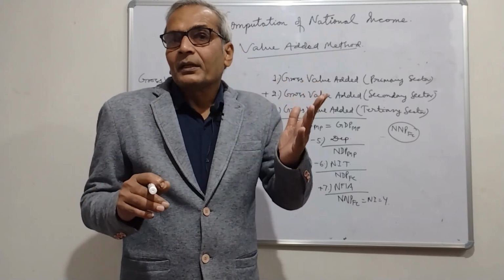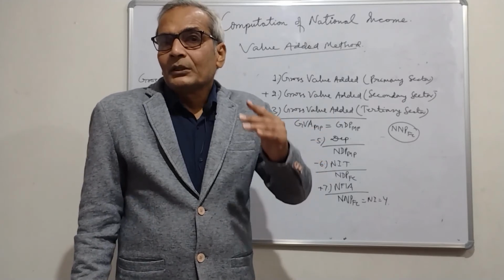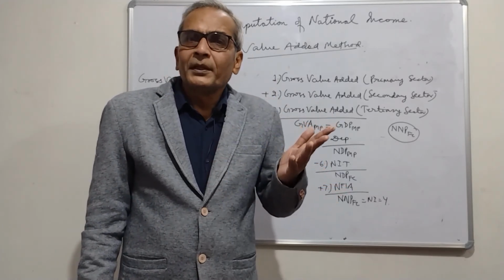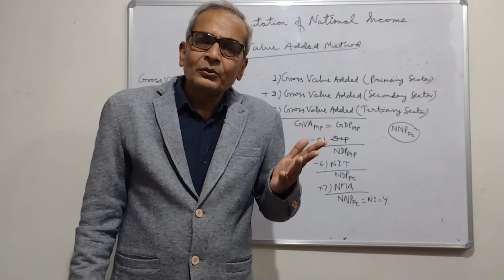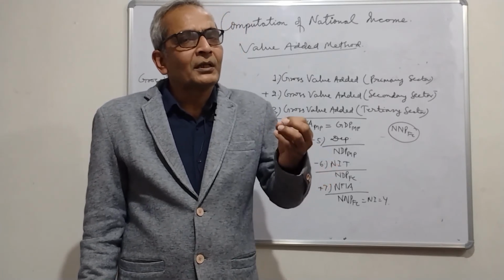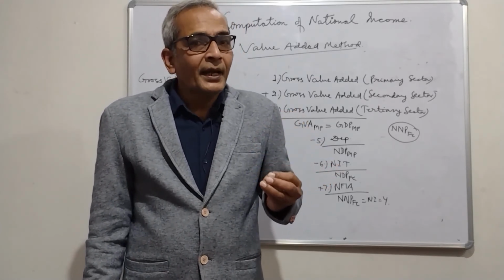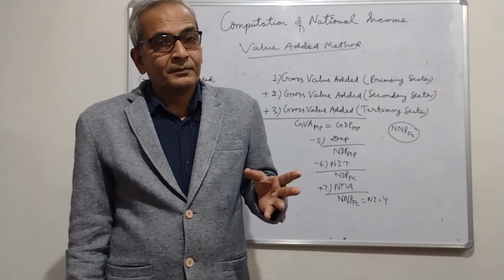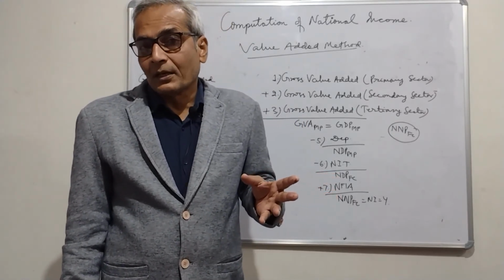So if you are clear about the formula, and you are clear about the parts and subparts, you will be able to do the numericals without any hitch or glitch. And remember, this chapter is of 10 marks in your board exam.